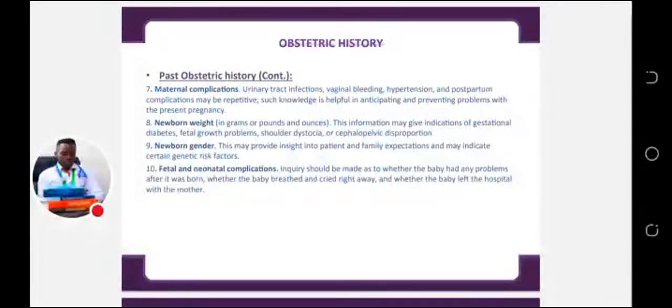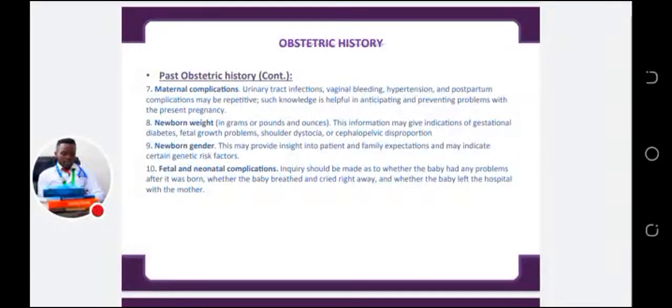If they had developed these conditions before, it can be repeated in the other pregnancy. So you need to check for these maternal complications so that you come up with the proper management. Such knowledge is helpful in anticipating the prevention of problems with the present pregnancy and how you can manage them.